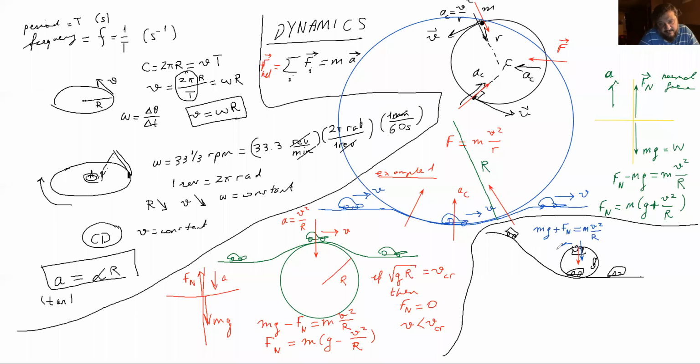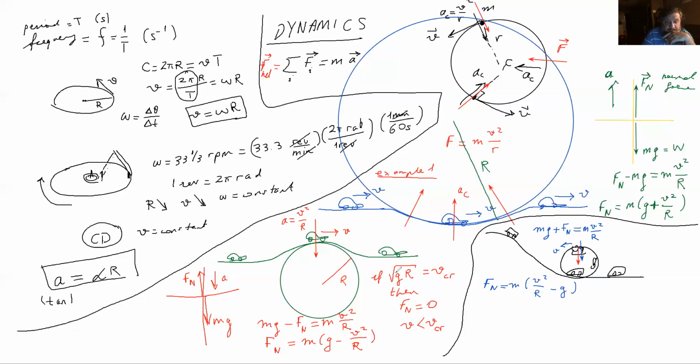V is this way, right? Now, if you solve this equation for Fn, you will get m times v squared over r minus g. This looks very much like this one, except for a negative sign. But it still tells you about this critical velocity here.